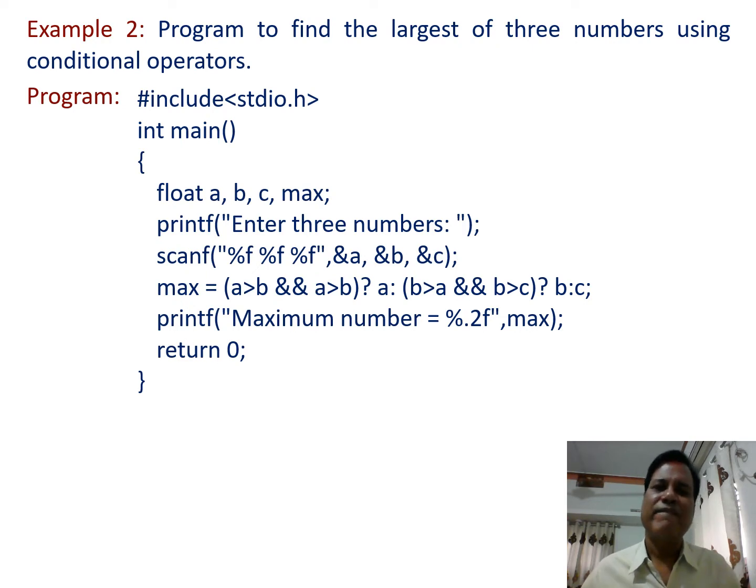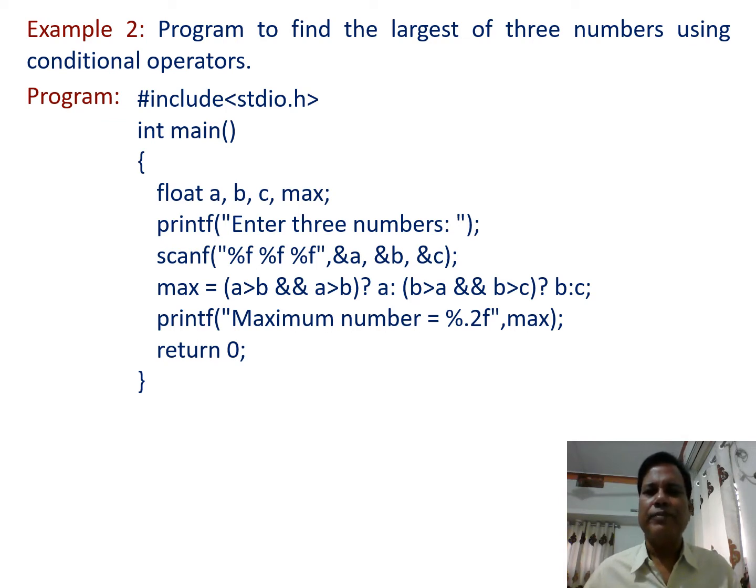Within the open and close braces, we declare four variables of float type: a, b, c and max. Three variables hold the three numbers, and one max variable stores the maximum, the largest number.